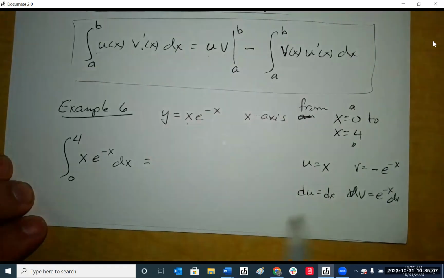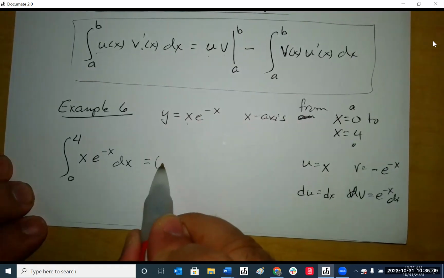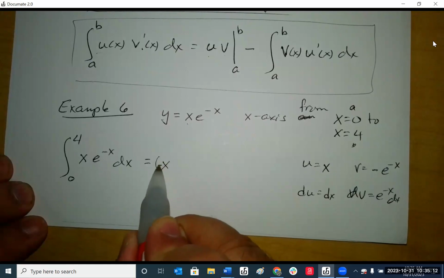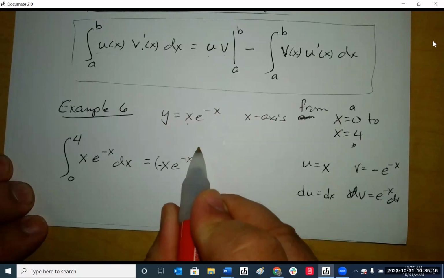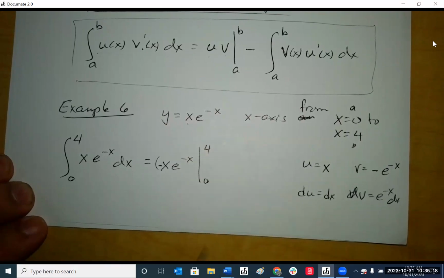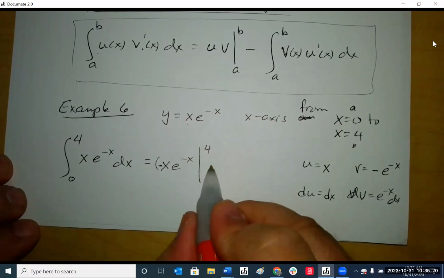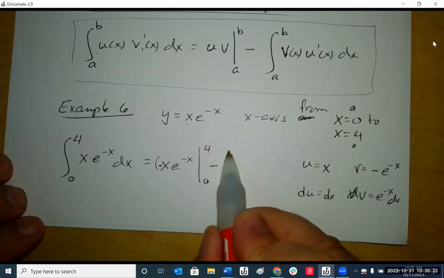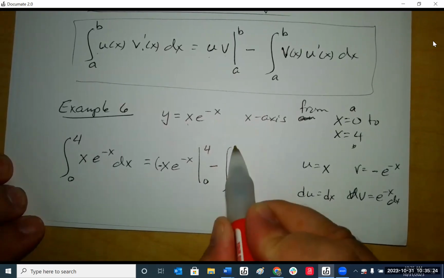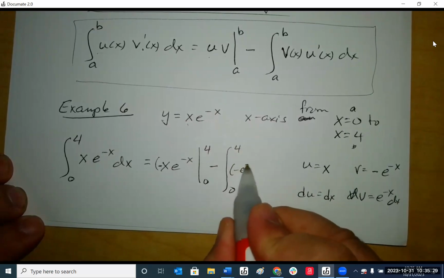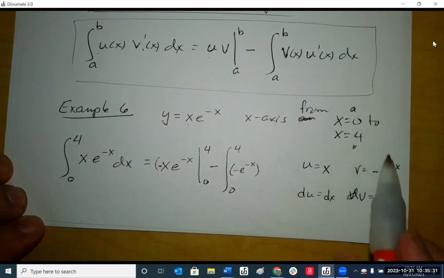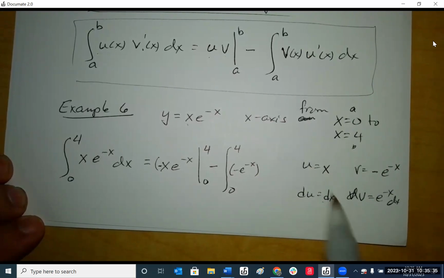Okay, so we can start looking at those. Now we have negative x times e^(-x) from 0 to 4 minus the integral from 0 to 4 of negative e^(-x) times dx.